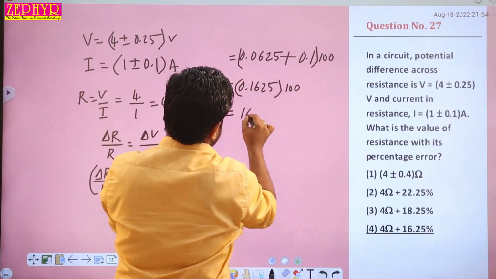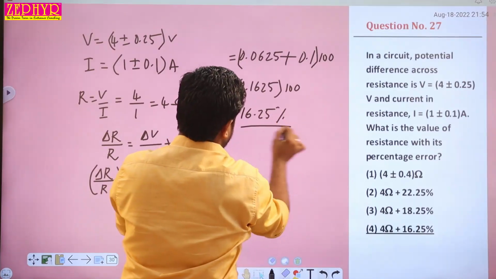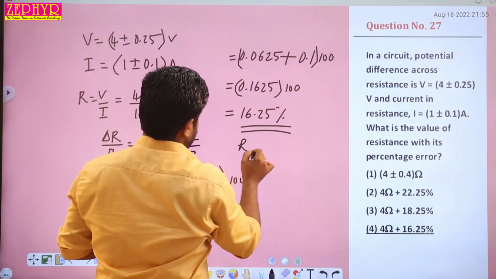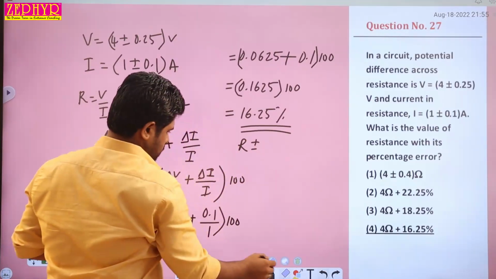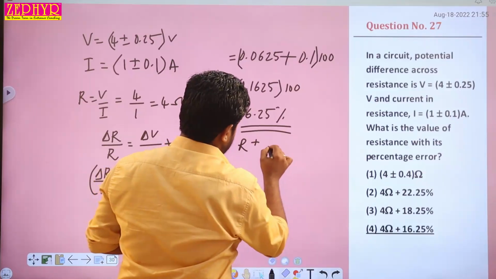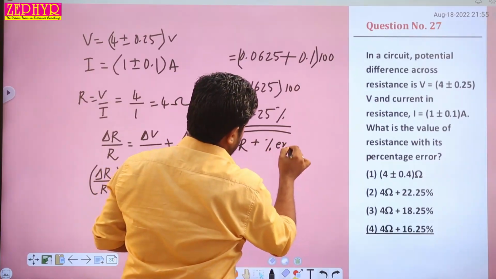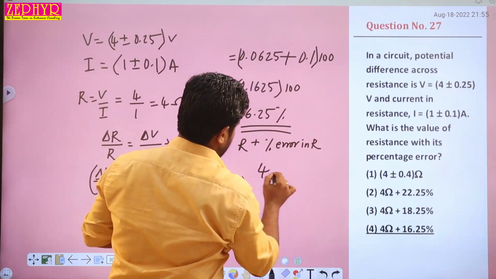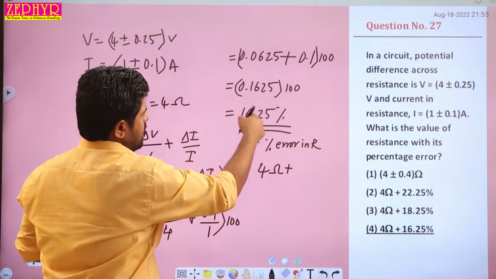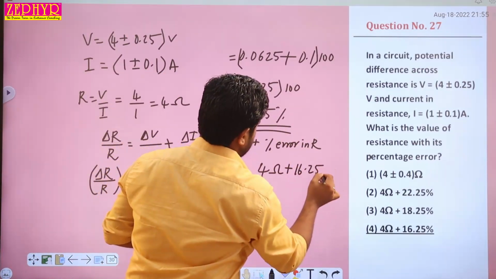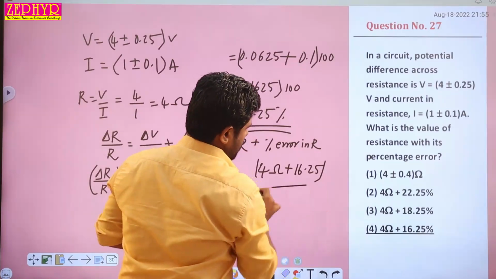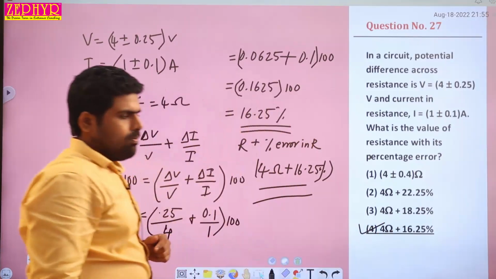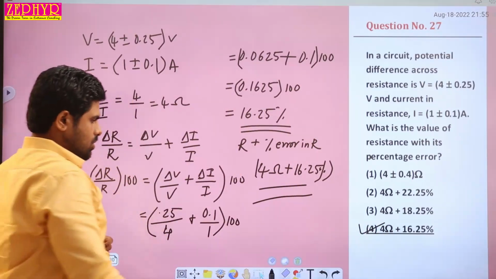So it is 0.1625 into 100, which is 16.25 percent. So the right answer: R is equal to 4 ohm plus percentage error in R, that is 16.25 percent. So the right answer is 4 ohm plus 16.25 percent. Option 4.